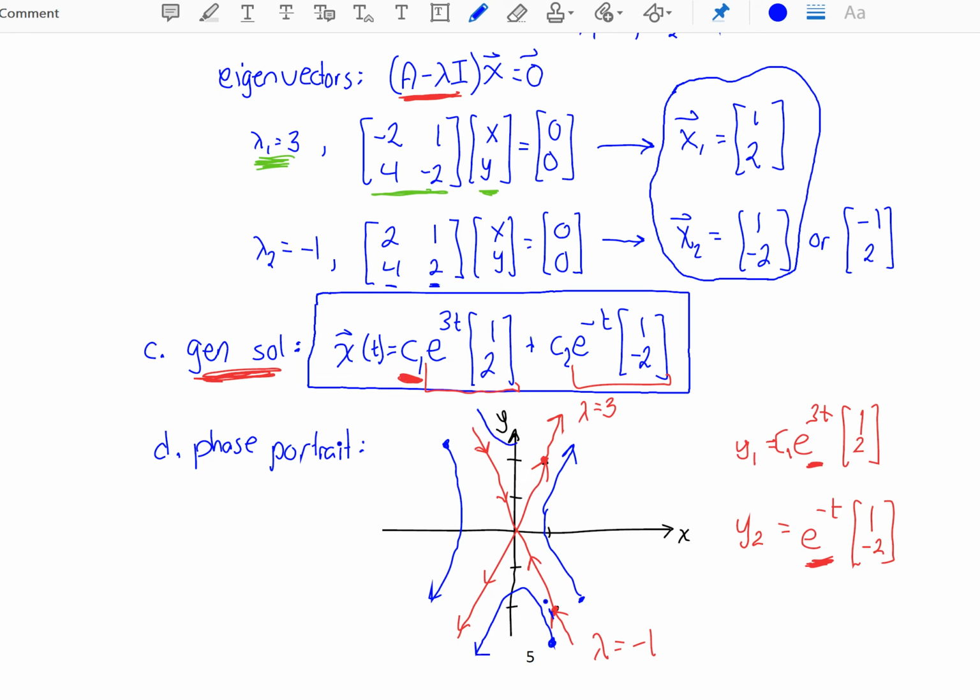And similarly, one up here would look like this. What I have drawn here are 4 more other typical trajectories for what solutions might look like.